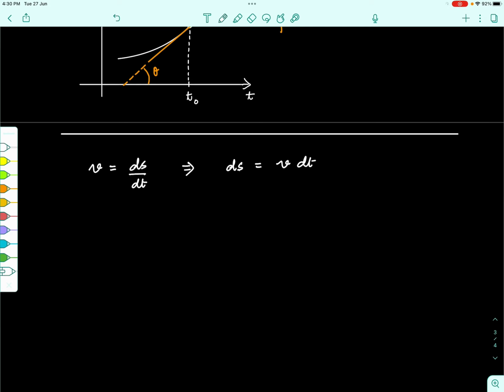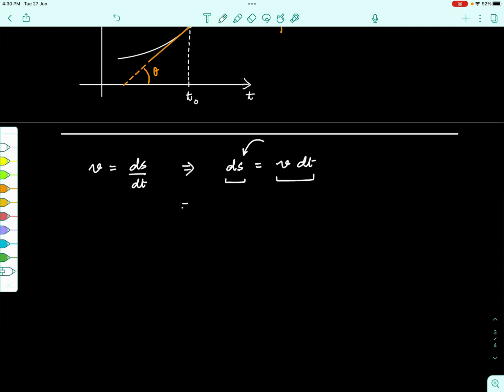Understand what is the meaning of this. This expression means that a small displacement covered by a body is the product of its instantaneous speed with a very small interval of time dt, right? So, if we try to find out the total distance covered by the body, all we need to do is add the small distances covered ds and we get the total distance covered, right?